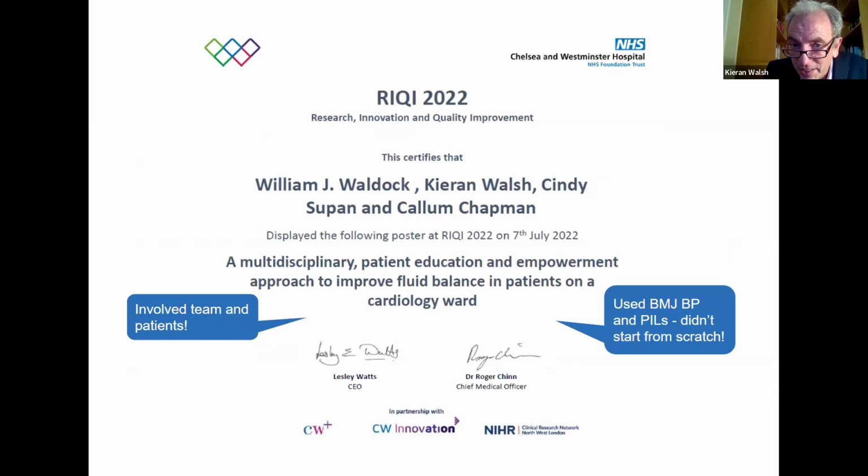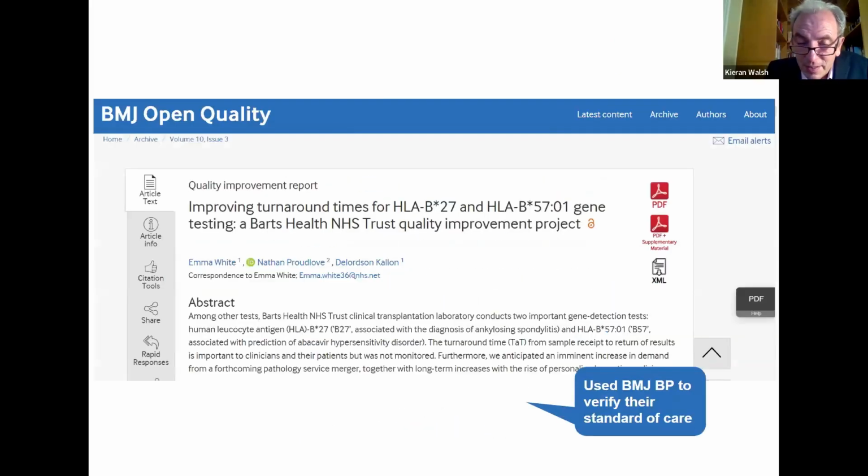Another smaller project where this group of doctors and nurses used BMJ Best Practice and patient information resources to deliver a quality improvement project. Another one from London where this hospital trust, the lab staff, improved turnaround times for this important test, and they used BMJ Best Practice to verify their standard of care.